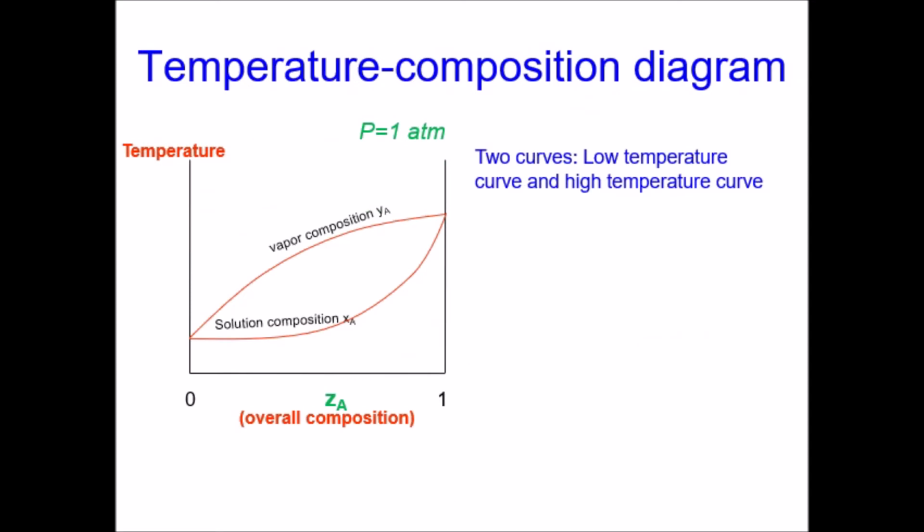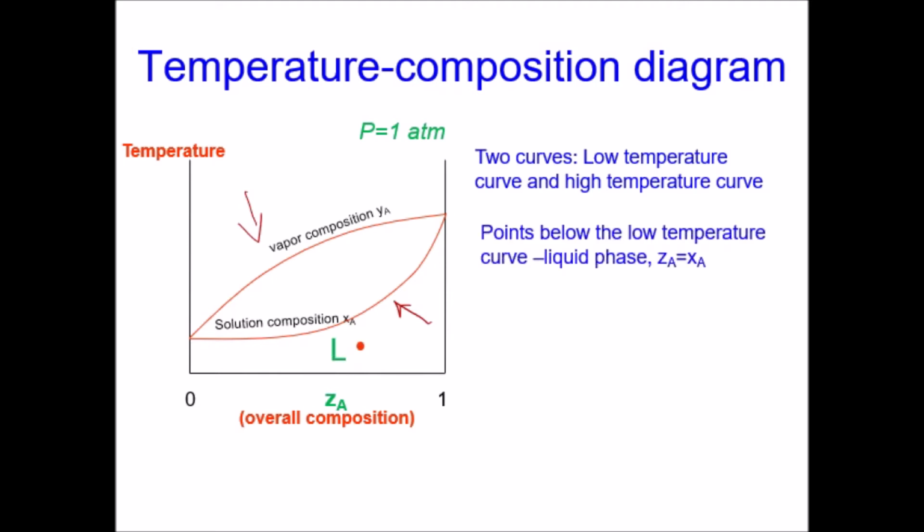Here shows the temperature composition phase diagram for a two-component system. The phase diagram includes two curves. A low temperature curve represents solution composition, and a high temperature curve represents vapor phase composition. A point below the solution composition curve indicates the system exists as a single liquid phase.